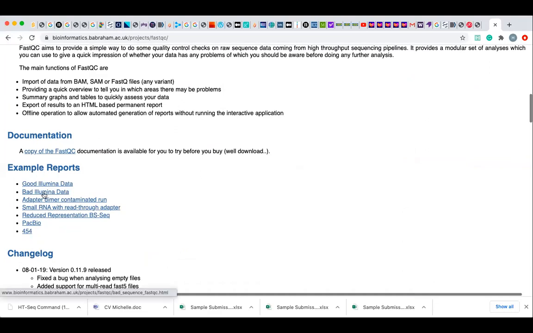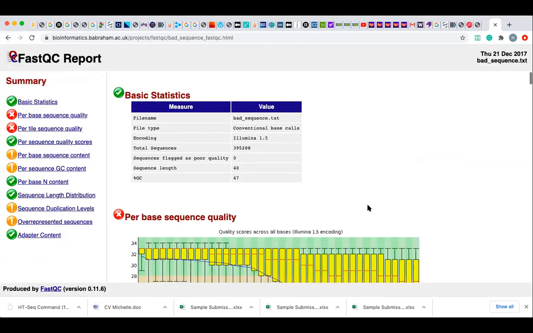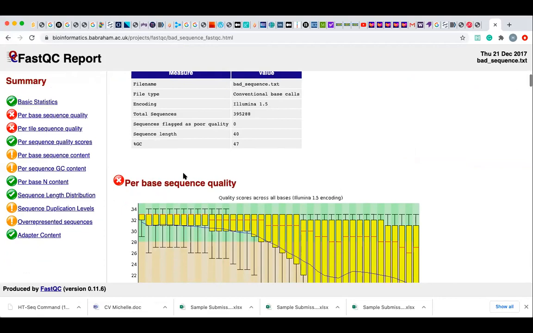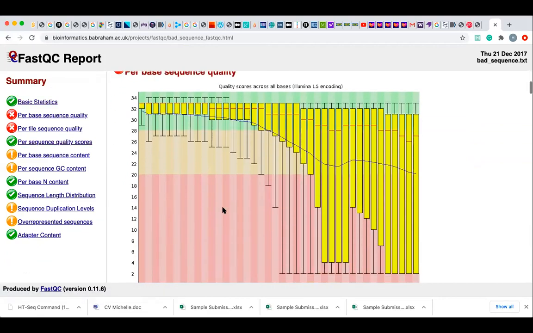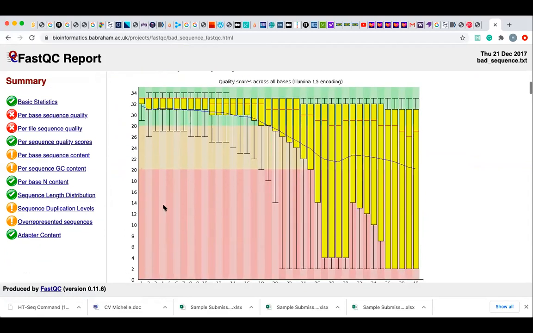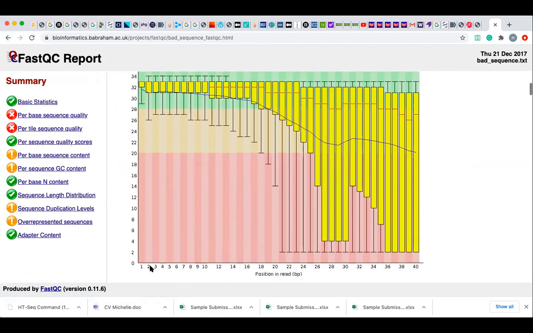Right, so I'll just show you how a bad Illumina data looks like. Okay, so this is your per base sequence quality. Can you see how bad it looks? Right, it's again 40 bases as well.